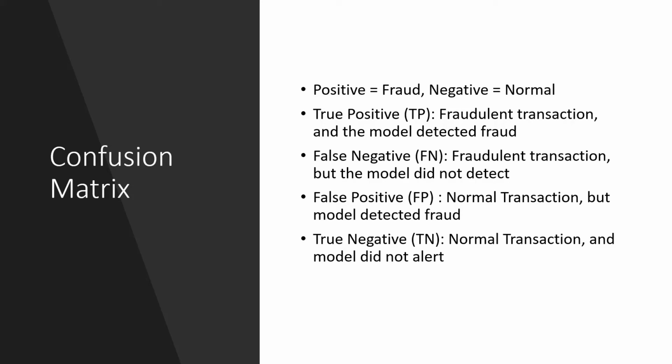False negative, there was one, but the model did not detect it. Usually it's not what we want. False positive, it's a normal transaction, but the model detects it as fraud. We also don't want those, but that's better than having a fraud and not detecting it. And then we have true negative, which is there's no fraud and the model did not alert.